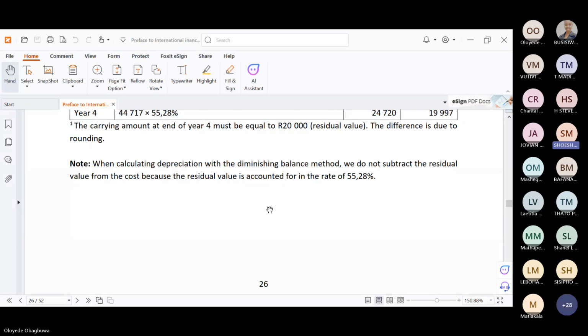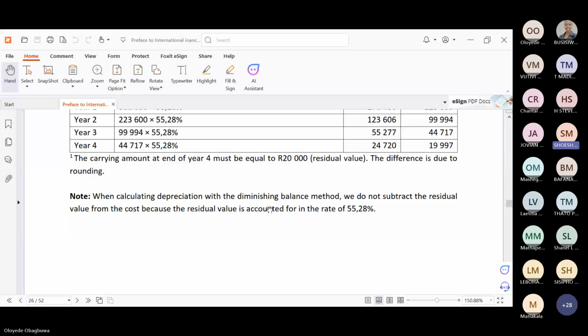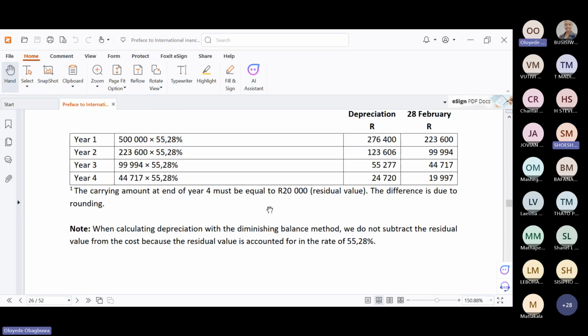What I mean is that whenever the question comes, when it comes to straight line method, will they always give a residual value? And in a diminishing balance method, even if it's not there, we can still calculate without it.